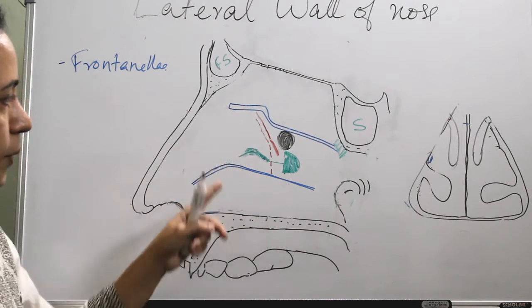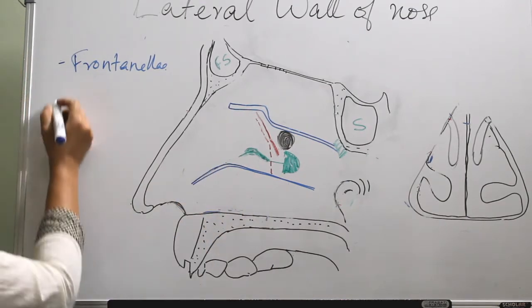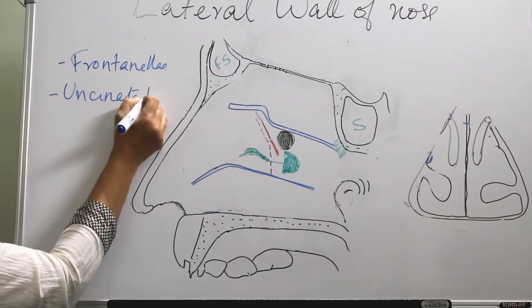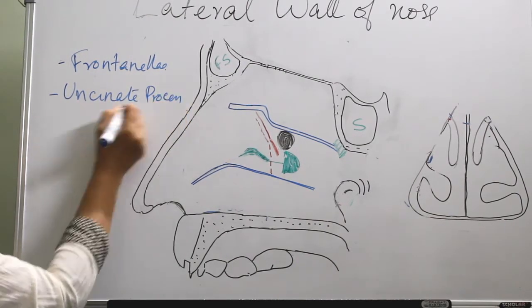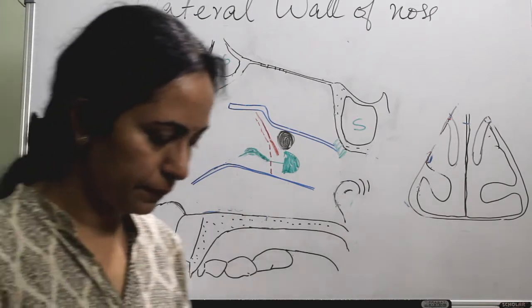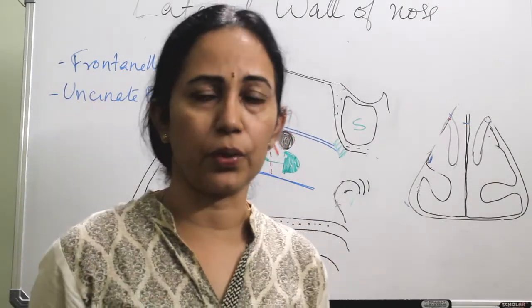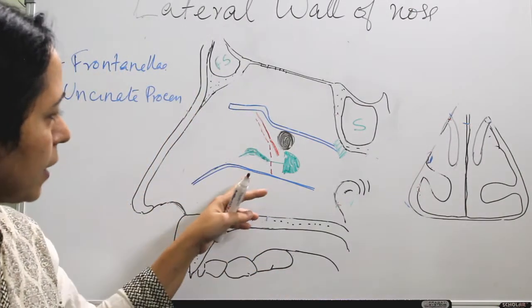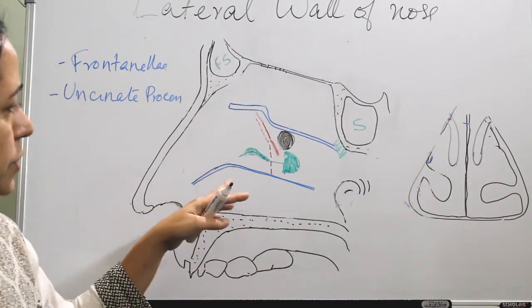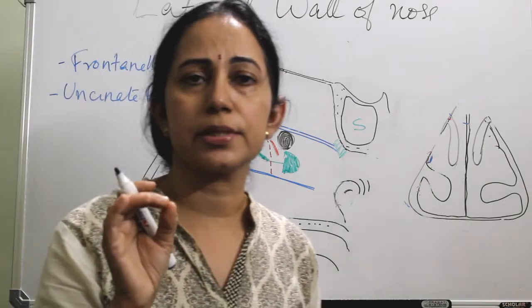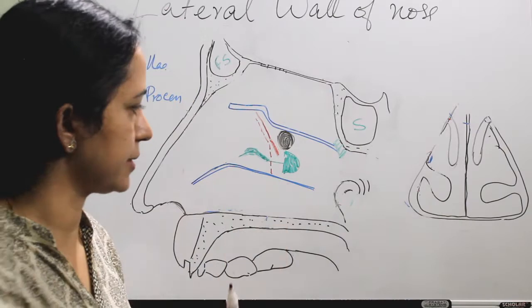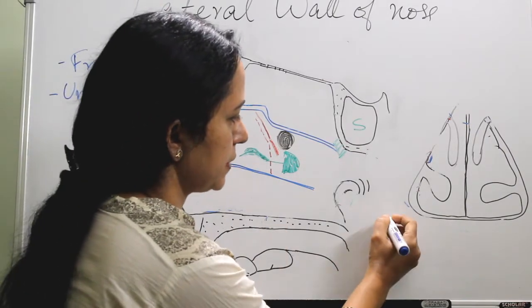Then the important structure that comes here is the uncinate process. I have already told about this in my classes on both the frontal sinus and the anatomy of the ethmoid. Once again I will tell you the uncinate process. The uncinate process is a crescent of bone. It is a crescent-like or sickle-shaped structure like this.